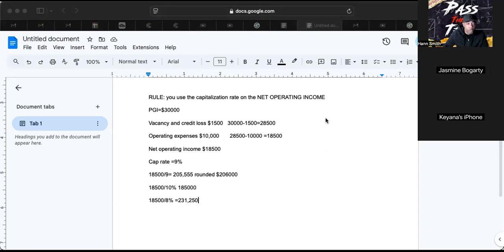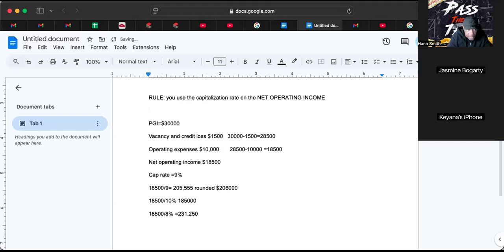Here's a rule of thumb, another rule. And this is not going to be on the test, but this is just game, because you're going to have to do it as you get savvier. You're going to be valuing properties using the cap rate.